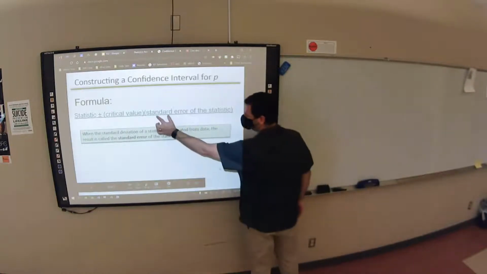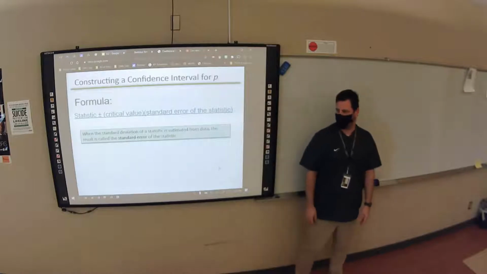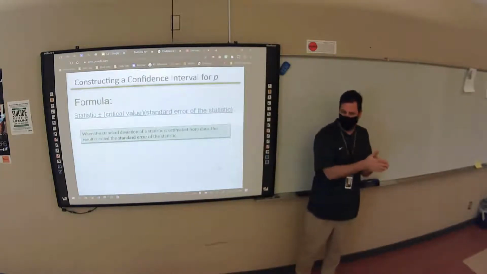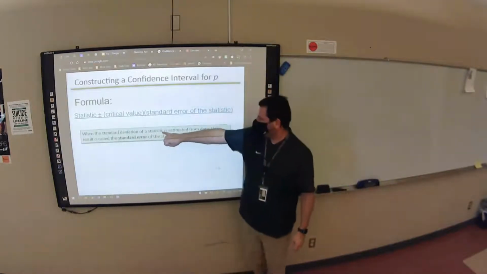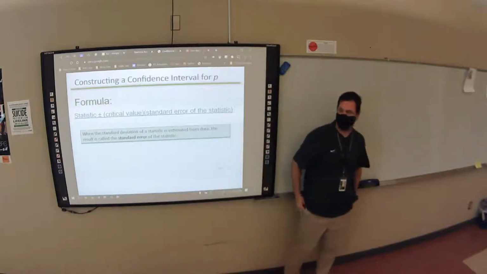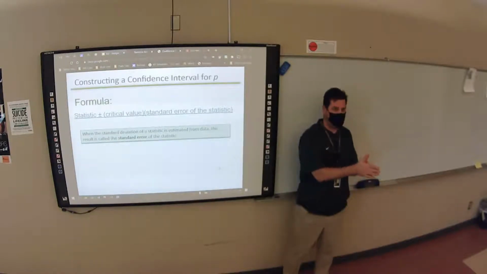We haven't talked about this word standard error a lot. We use standard deviation. What standard error is, and the difference between standard error and standard deviation, is when the standard deviation of a statistic is estimated from data. It's estimated because the only way to know the standard deviation is you have to know what mu is, or the population average. We don't know what the population average is.